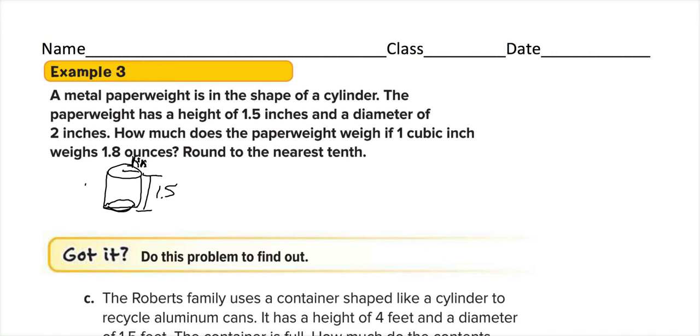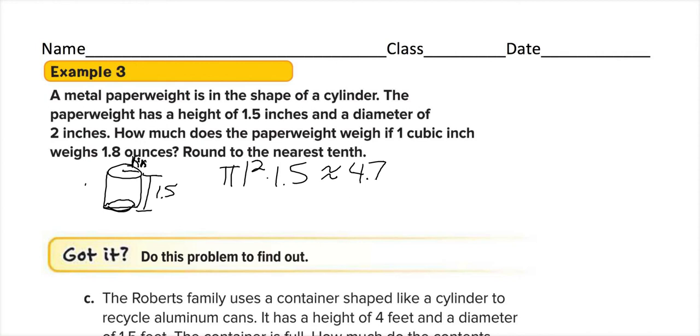And it says how much does it weigh? So let's figure this out. So we've got to do volume. So pi, the radius is 1, so 1 squared h, so times 1.5. So let's do that. So that'll be pi 1 squared times 1.5, and I get 4.7. Okay, so that's the volume altogether.